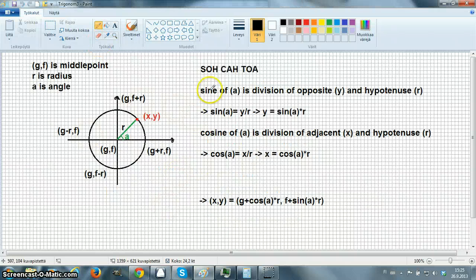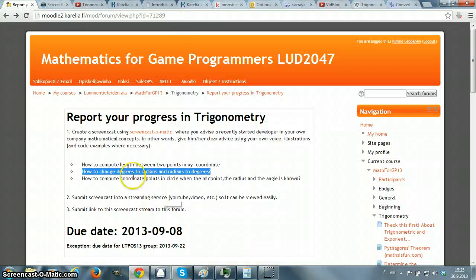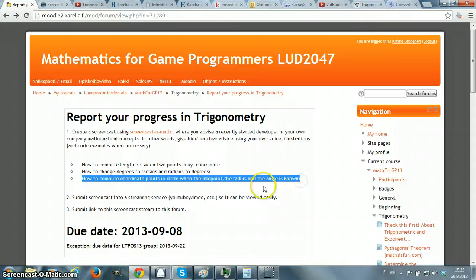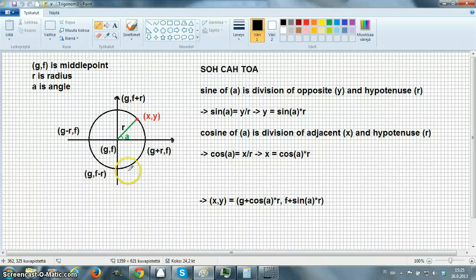So we don't know the point. That was the third question: how to compute coordinate points on a circle when the middle point, the radius, and the angle are known. Okay, so I made a random middle point called G, F, and the radius could also be unknown, random.